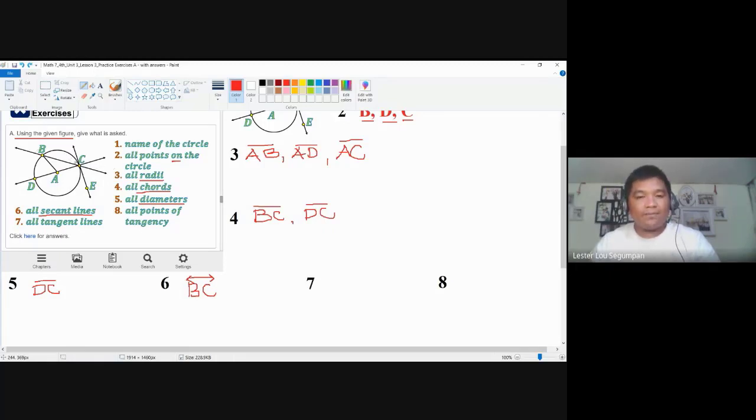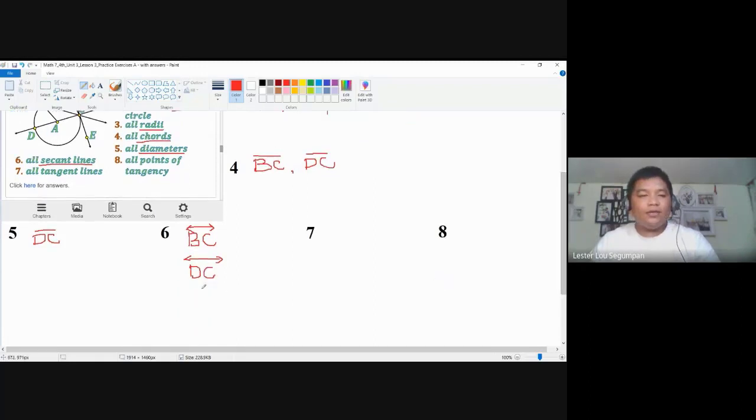That's correct. But the difference between them is that one is a line segment and the other is a line. The secant line is a line, so it extends to infinity for number 6. And as for the secant line, it is actually the secant line that contains the diameter DC. So we have here line DC.